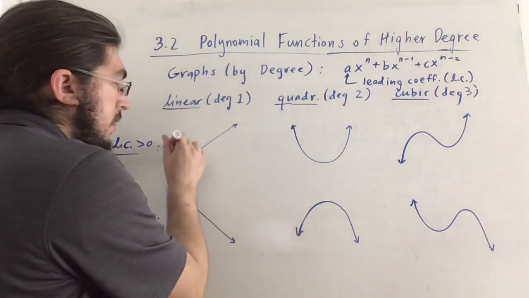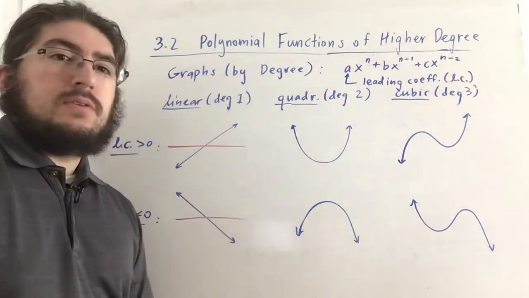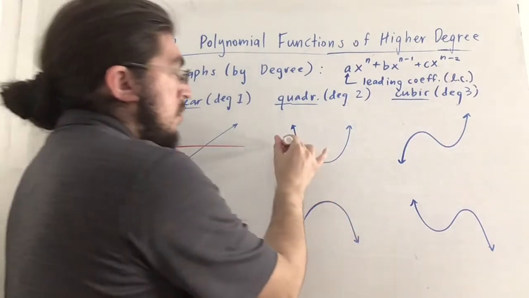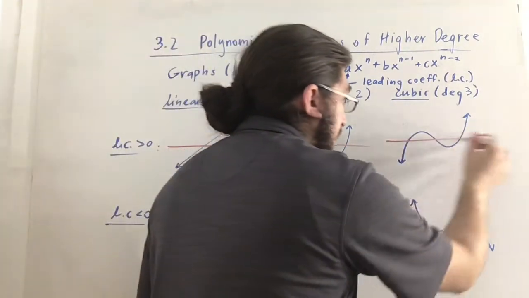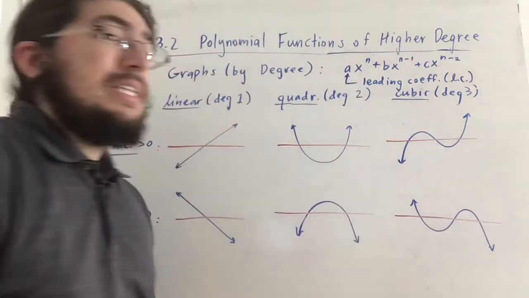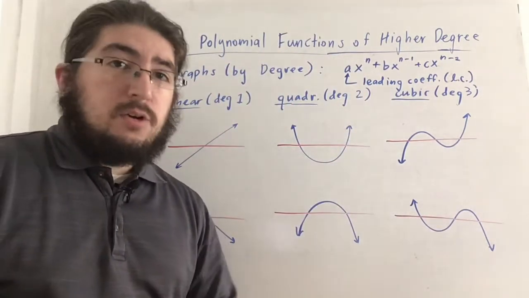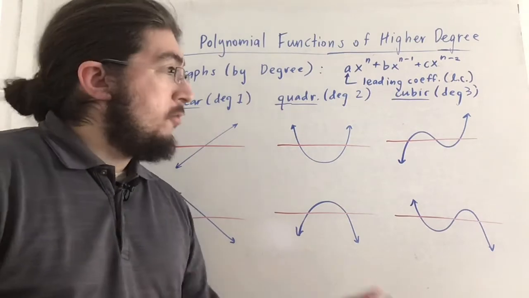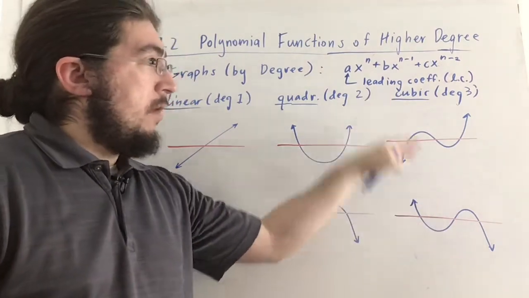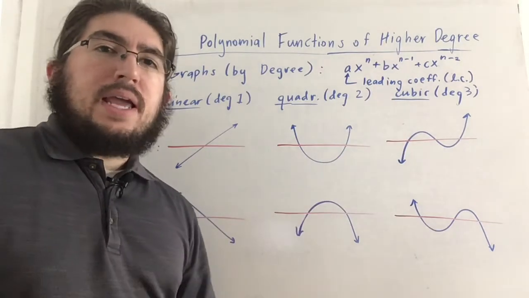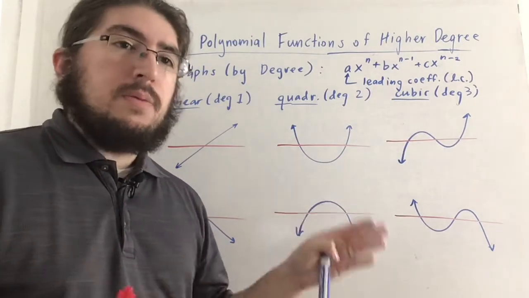So here, for linear, there's only one zero. There's only one x-intercept. For quadratic, the most is 2. For cubic, the most you can have is 3. Now, it is possible that you can have 0, 1, 2, or 3 zeros, or x-intercepts, for the graph of a cubic function, but again, we're talking about the most, and the most is 3.